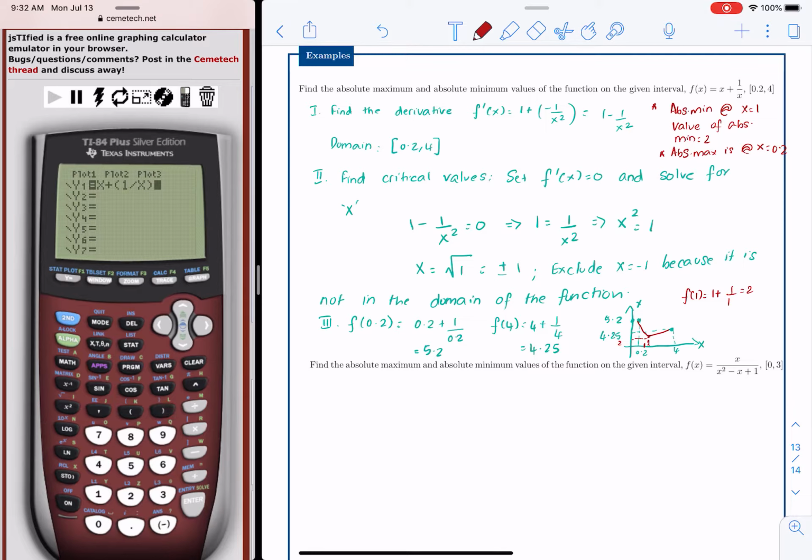Second trace, we want to find the zero. So I'm going to go to the left a bit, enter, and to the right, enter, enter. I get 0.5236.